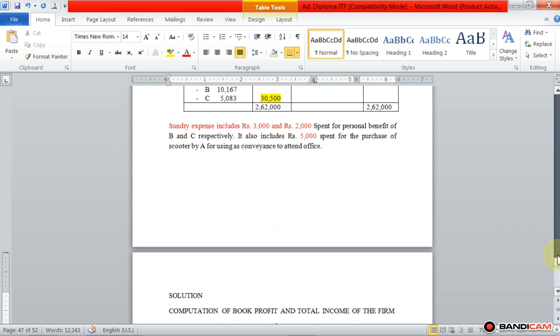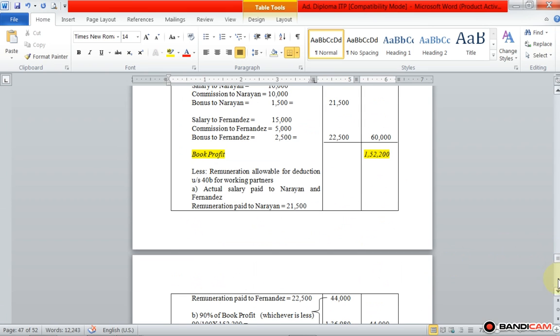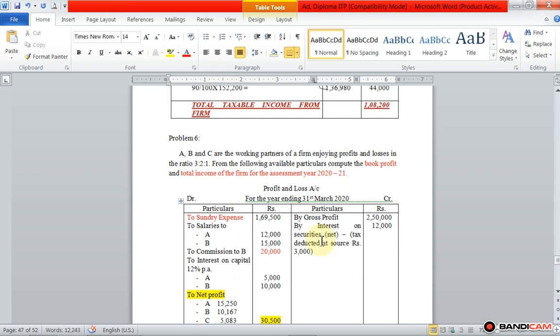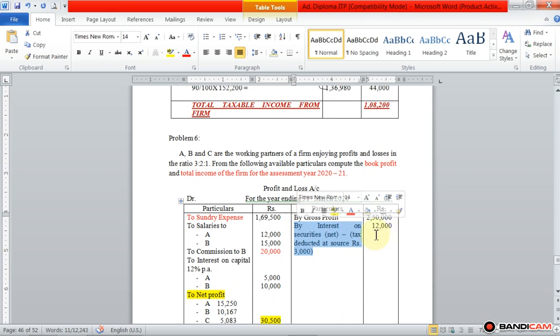So one income is given here, that is interest on government securities. Here net income is given here 12,000. It means interest earned by the ABC is rupees 15,000.